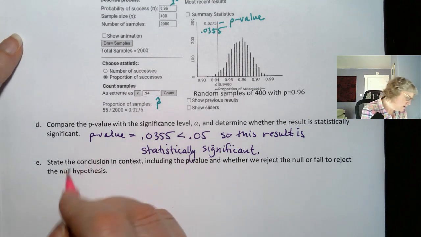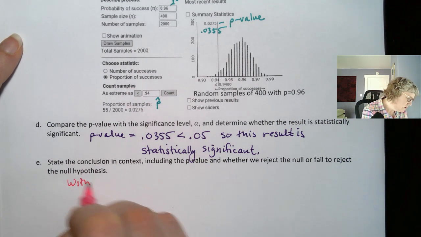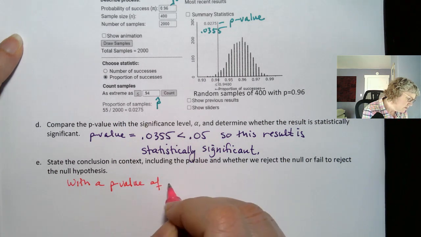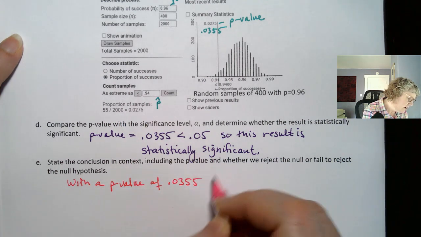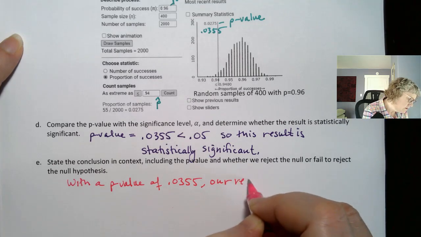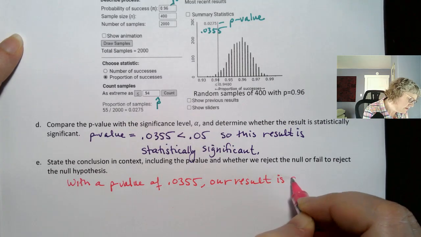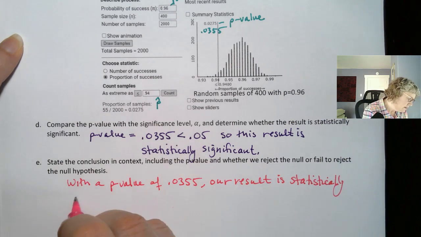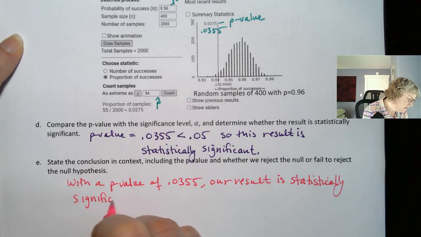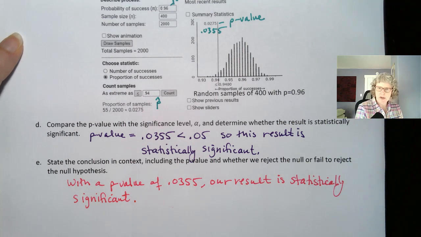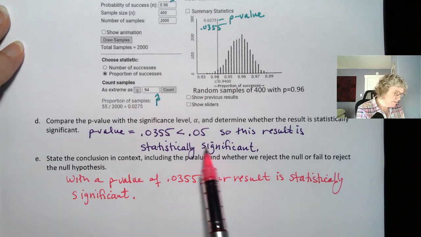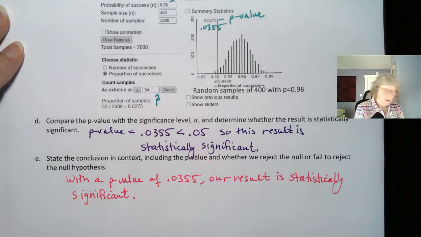Okay, so I'm going to start with a p-value again, with a p-value of 0.0355. Result is statistically significant. Okay, next I like to talk about whether we reject the null or fail to reject the null. So if it is statistically significant, we're saying we reject the null.